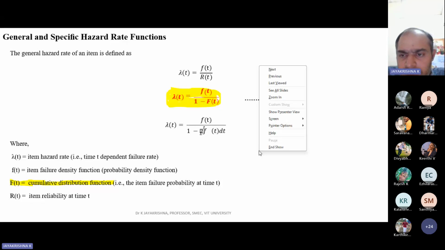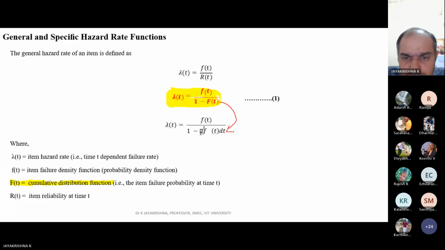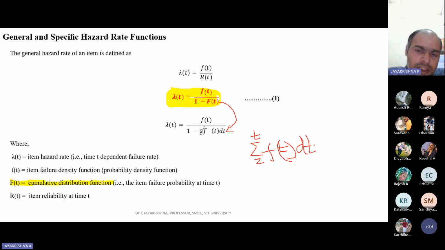This F(t) can be written like this: the summation from t to z of f, the failure density, with respect to the change in time, dt. What is dt? dt is nothing but delta t.